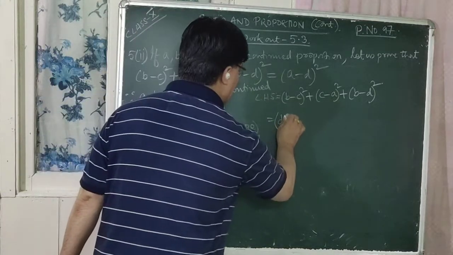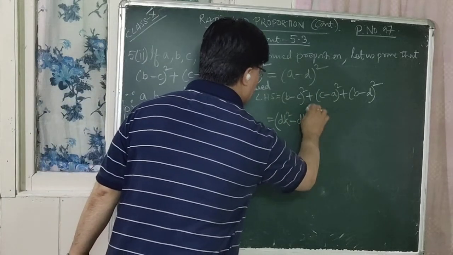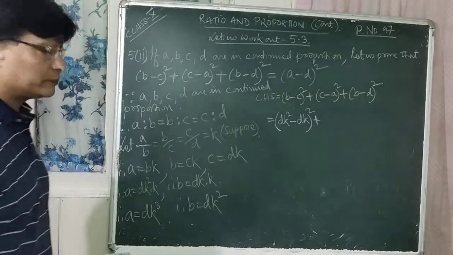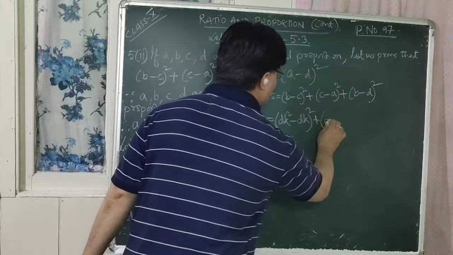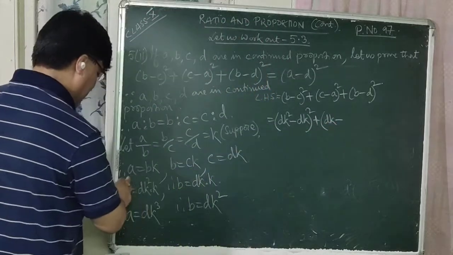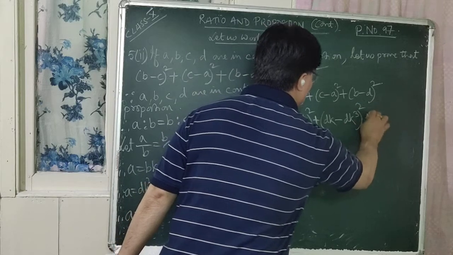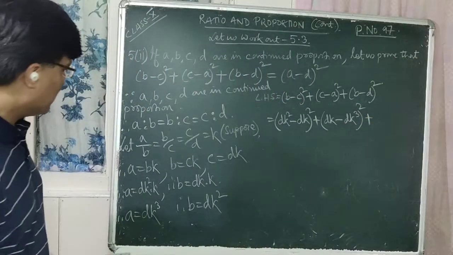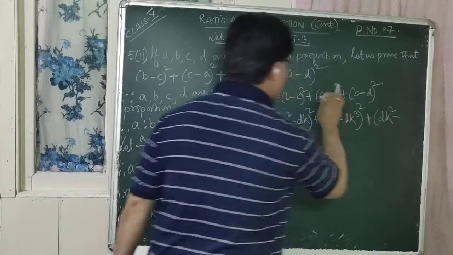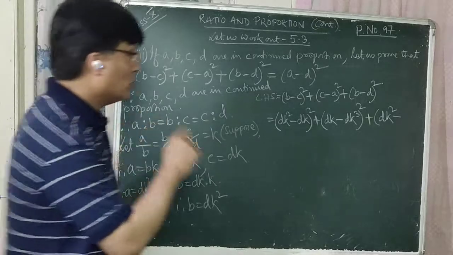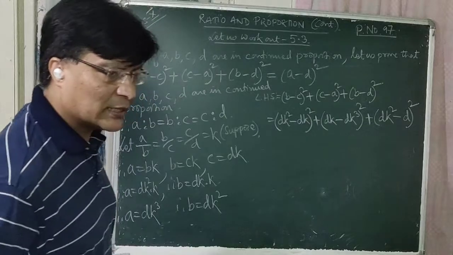It is dk square minus what is C? dk. This is your whole square plus what is C minus A? What is C here? dk minus what is A? It is dk cube. dk cube whole square plus again what is the value for B? dk square. It is dk square minus D we don't know. So keep it as it is. That is D. Remains same. Whole square. Is it clear now?